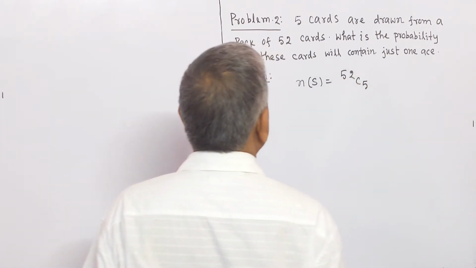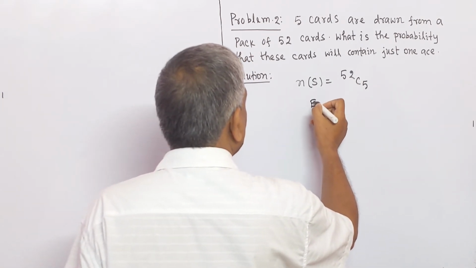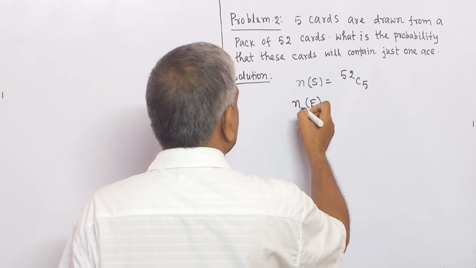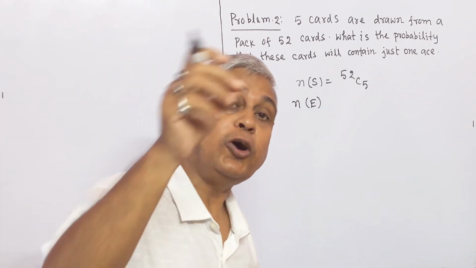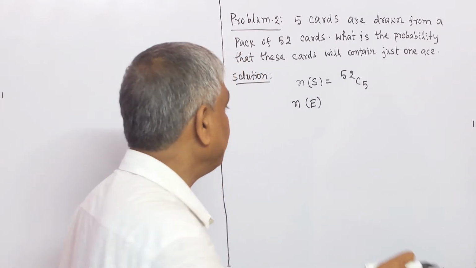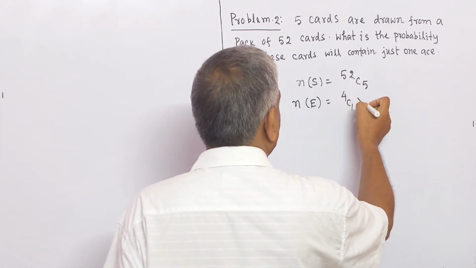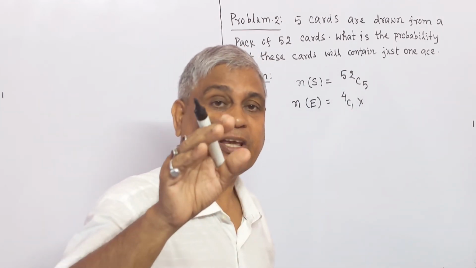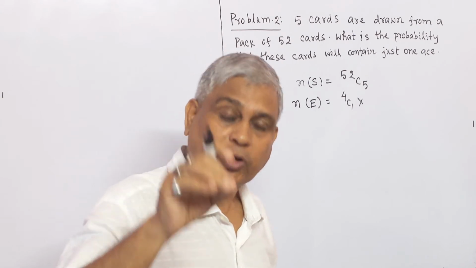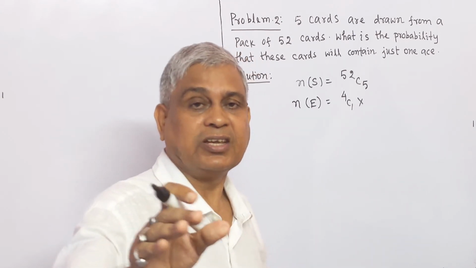That is, number of elements in sample space will be 52C5. Now the event. Event is to select one ace out of 4 aces, means 4C1, and the remaining number of cards is 48, except 4 aces.